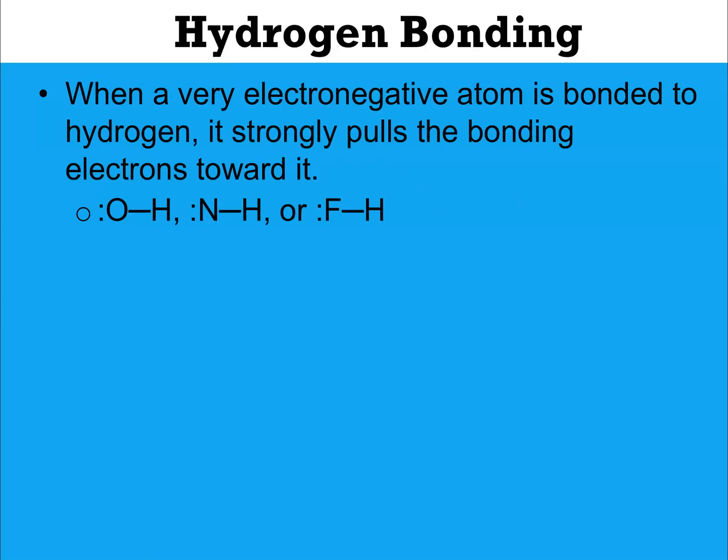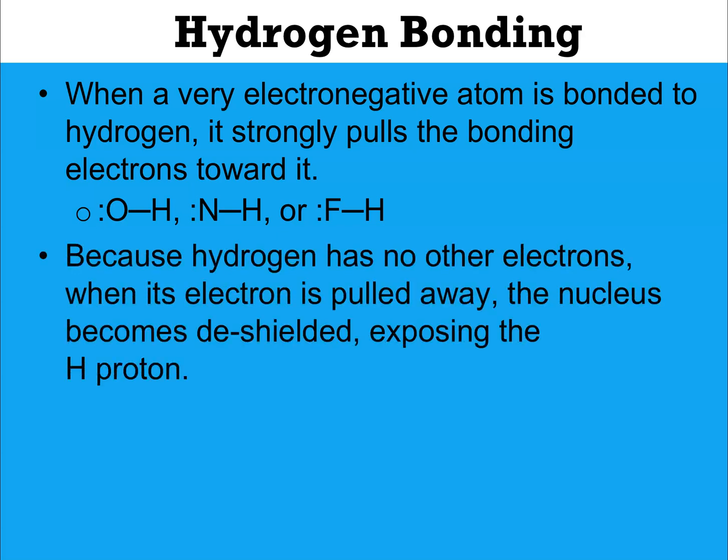So, again, we know that the very electronegative atom, N, O, or F, is bonded to a hydrogen. Because it is very electronegative, being up there in the top right-hand corner of the periodic table, it pulls those electrons a lot within that bond, making hydrogen more positive.